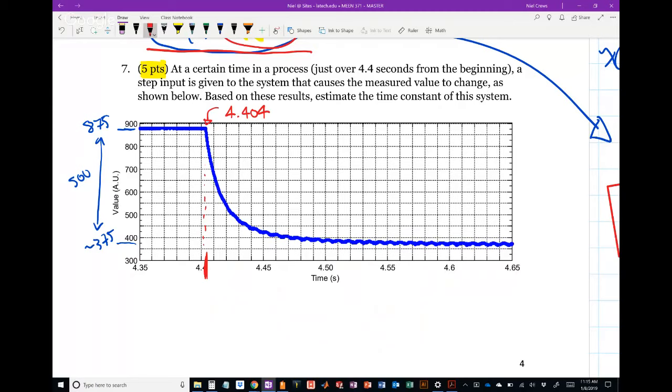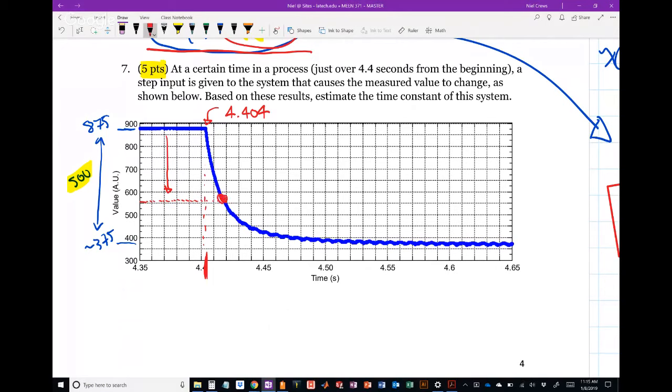So the whole distance there is 500. If we come down, let me try a different color, 316 to about 559, something like that, to about right there, right?